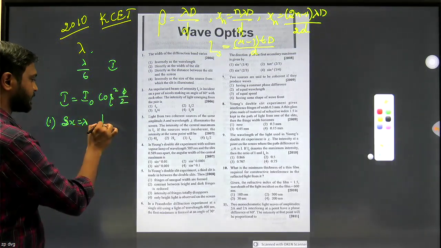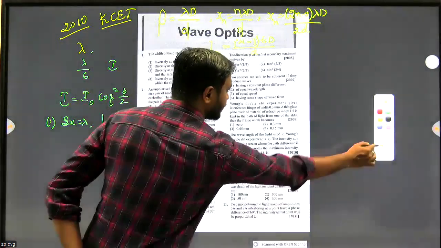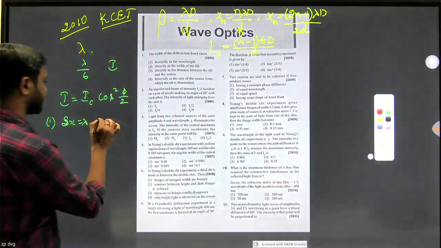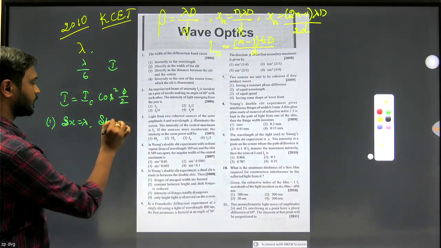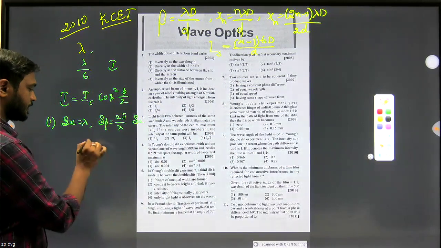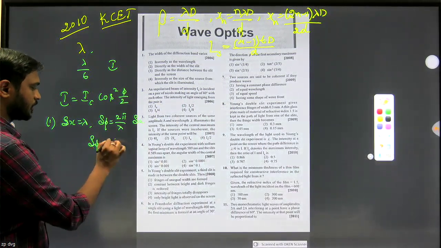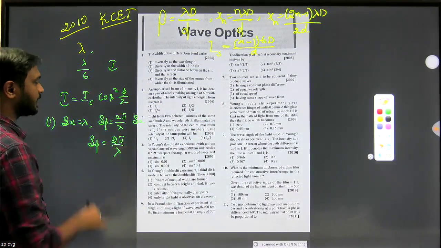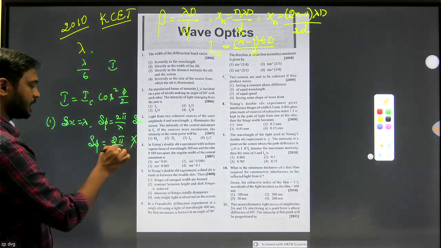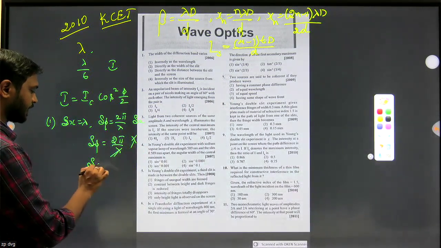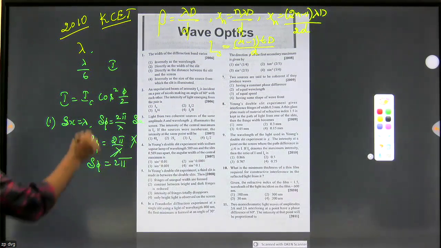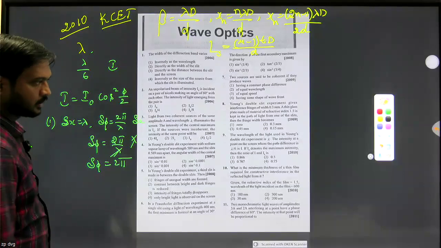The phase difference delta phi equals 2 pi by lambda into delta x. Here delta x is lambda, so lambda gets cancelled and delta phi equals 2 pi.